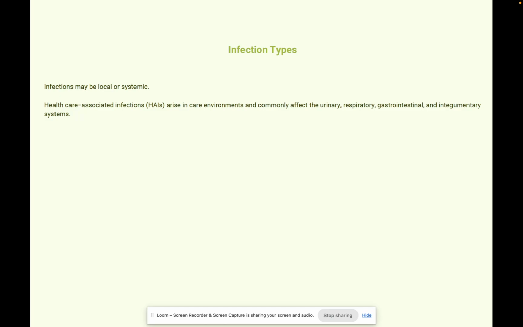That's why it is systemic, right? We also have HAIs, or healthcare associated infections. They usually arise in the care environment or healthcare settings, and commonly affect the clients' urinary tract, respiratory, gastrointestinal, and integumentary system, or the skin.